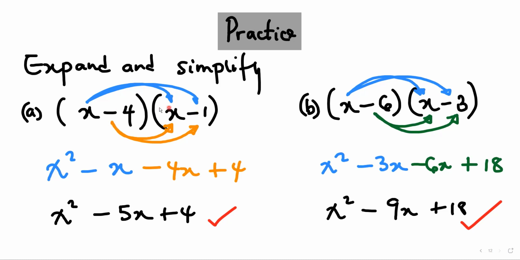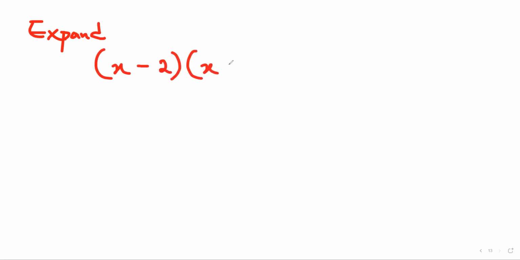But now let's consider minus and plus. Shall we? Okay. Here we're going to take only 2 examples. Say you want to expand x minus 2 times x plus 3.